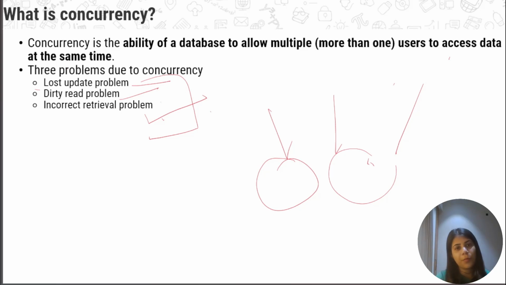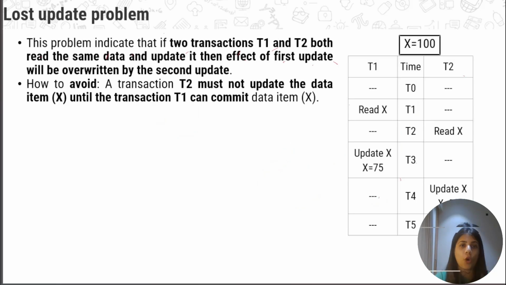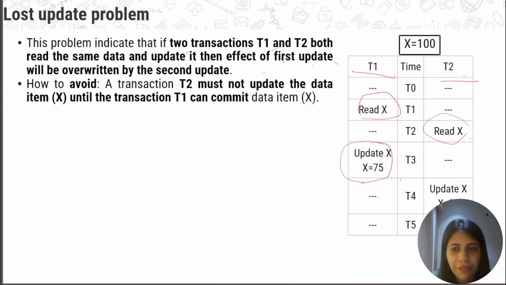Let's understand the first problem, which is the lost update problem. This problem indicates that if two transactions, T1 and T2, both read the same data and update it, then the effect of the first update will be overwritten by the second update. So both read X; one will update X equals 75 and the other will update X equals 50.